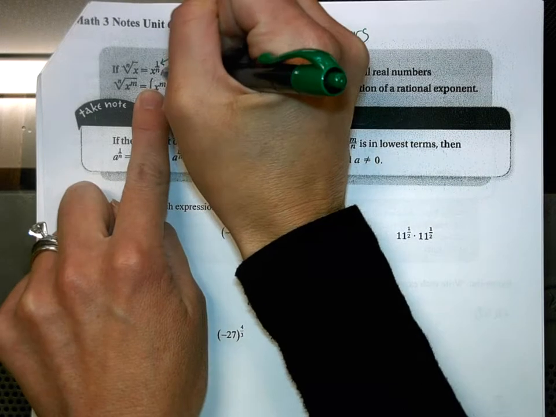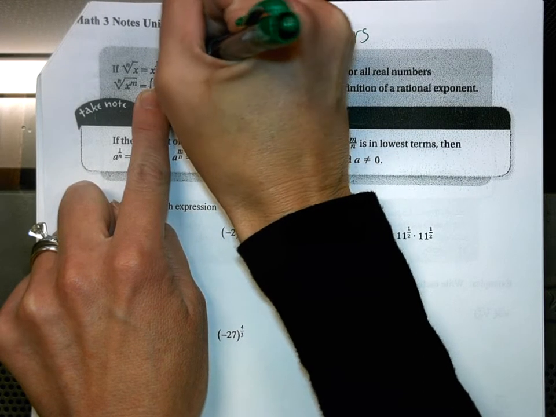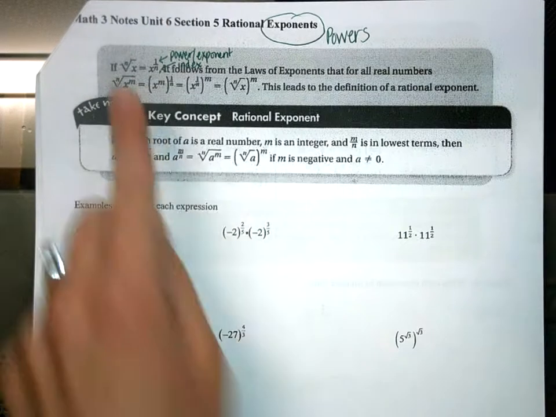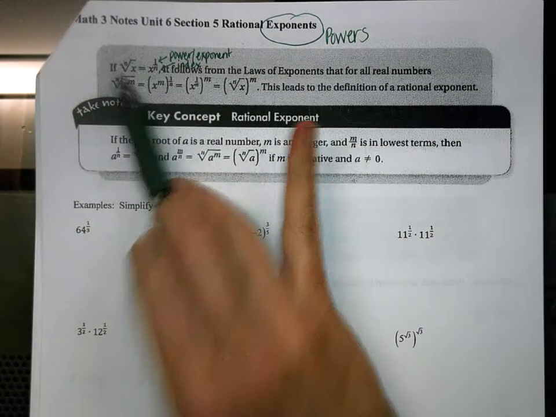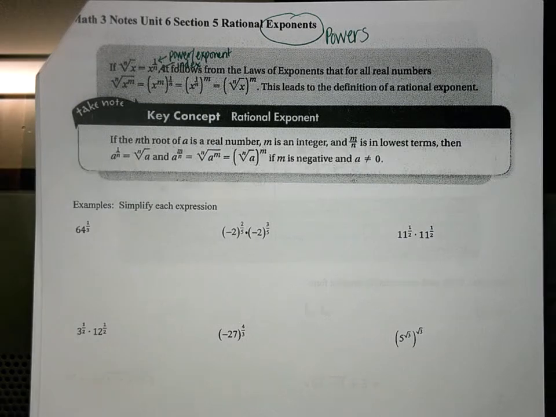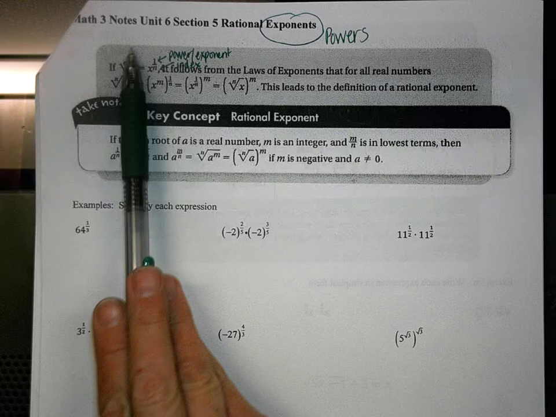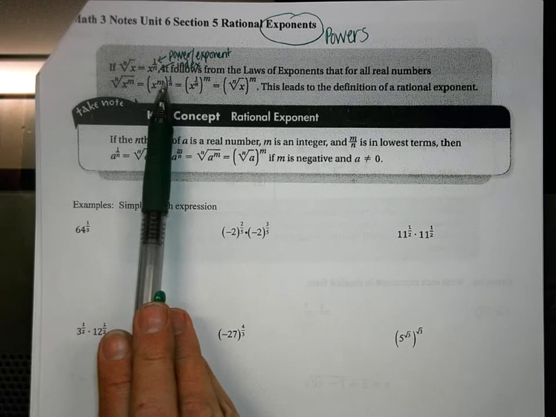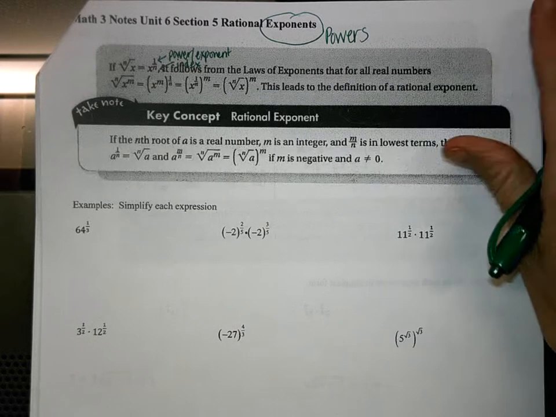And the bottom number, like the n, that is your index, the index value for the root. So you can go back and forth between root form and exponential form in order to solve a problem more easily.